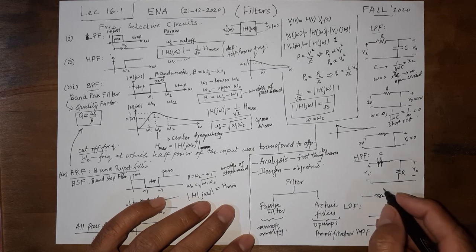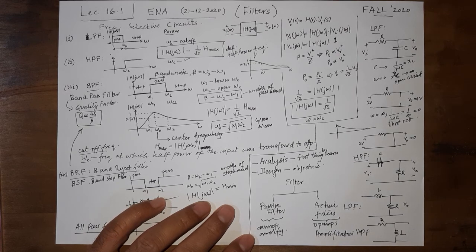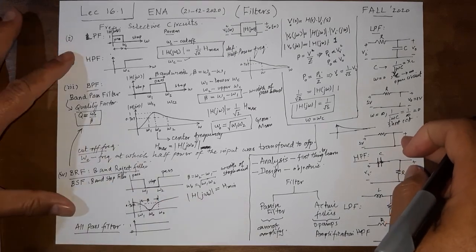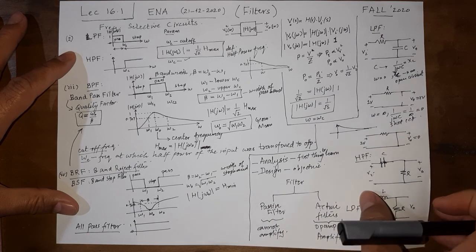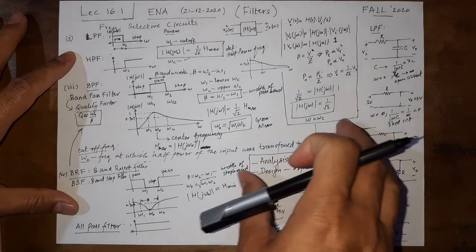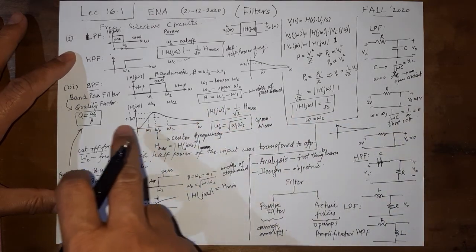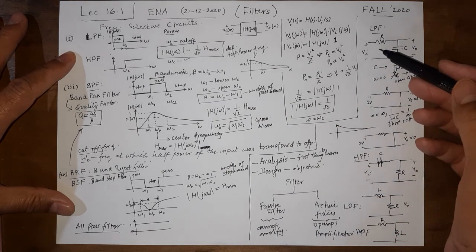You can not only analyze this, but you can also carry out a detailed analysis to see that this is indeed the case. Now, in the continuation of this video, we are going to look at a passive circuit. All these are passive circuits, they don't have an op amp.